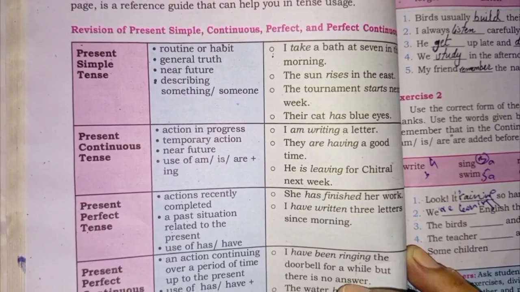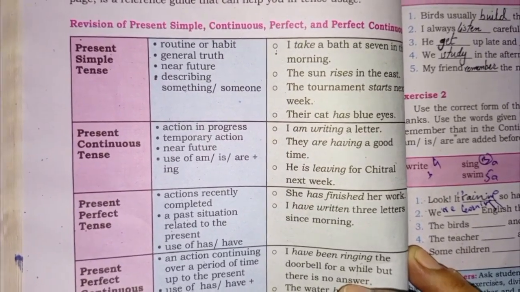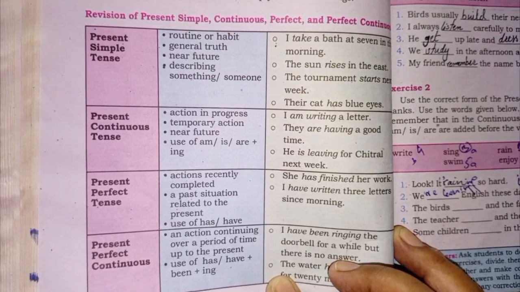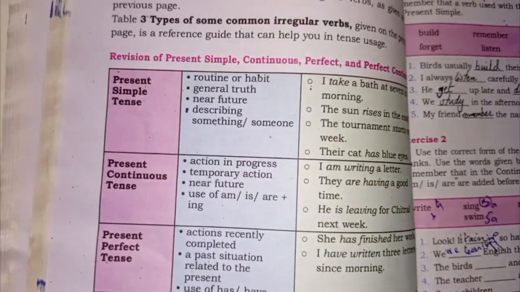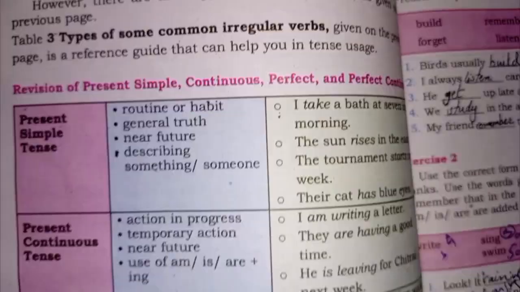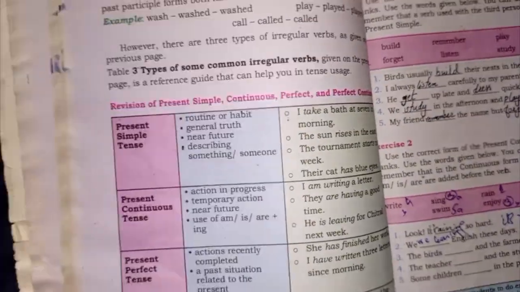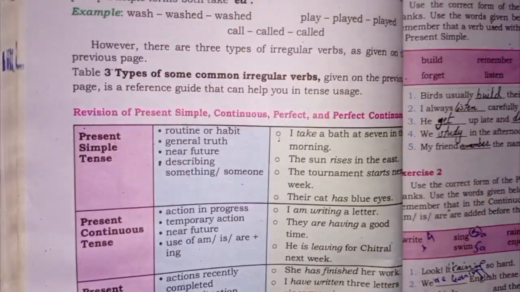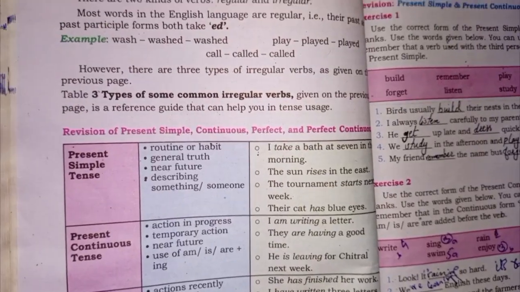So here we have the present tense and all four forms of the present tense that I will revise before you, so that you can get the concept of the present tense clearly and definitely.